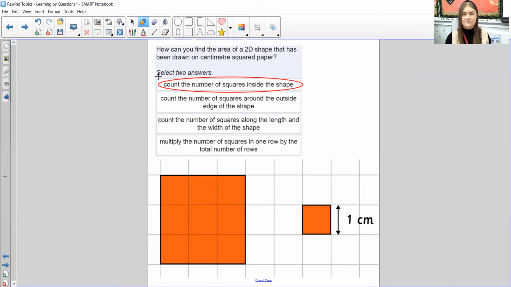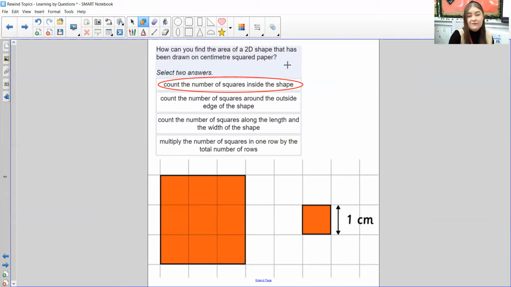Well, that looks better, doesn't it? And it says select 2 answers. It's really important to read that question carefully because it wants us to have another. Now, I know I challenged some of you to work out your area like this, but there's another way we can do it. And even if you're not 100% sure, I want you to pause and get rid of the ones that it's definitely not, and that should leave you one that it might be, okay?